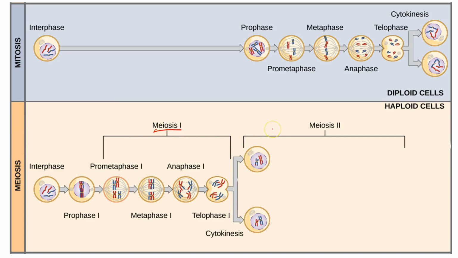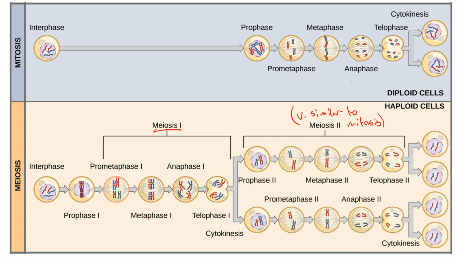Okay, then meiosis II is very similar to mitosis, in the way that the chromosomes arrange and are duplicated. It looks something like this. The chromosomes are duplicated, sister chromatids, just kind of like how they are here.